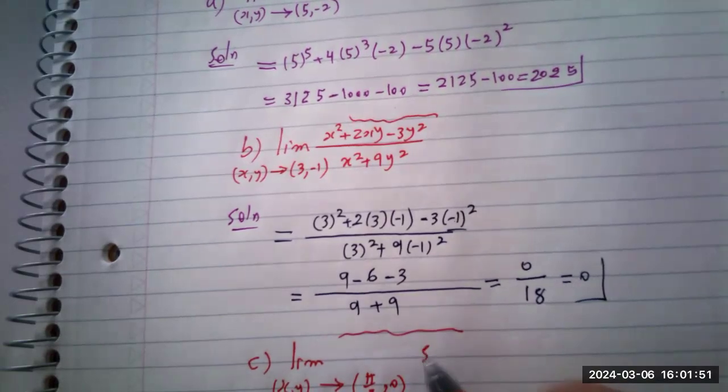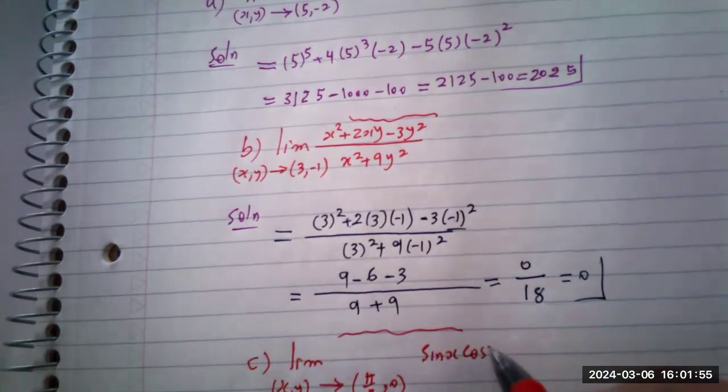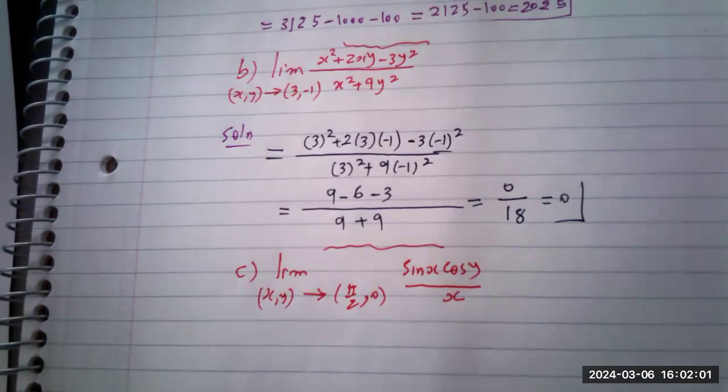The function is sine x times cosine y divided by x. This is it. Again, a trigonometric function that gives you direct substitution type. Replace x by pi/2 and y by 0, and get the result.